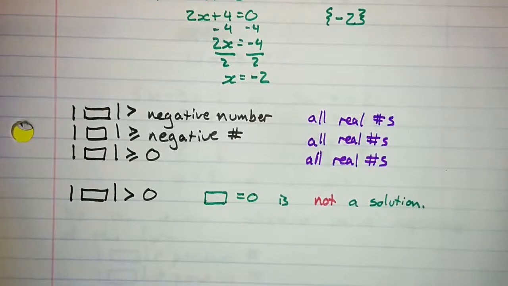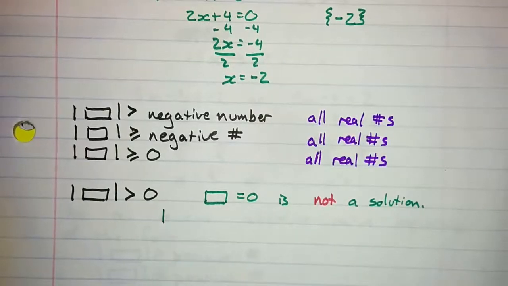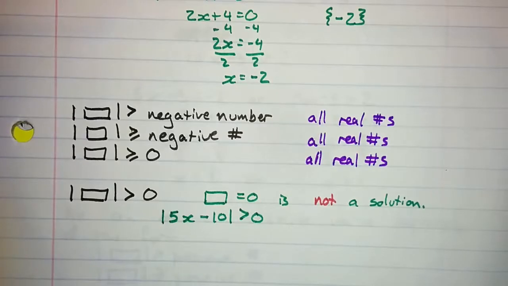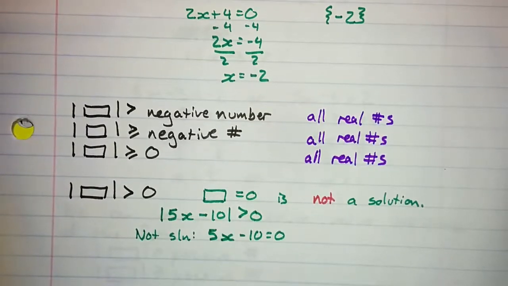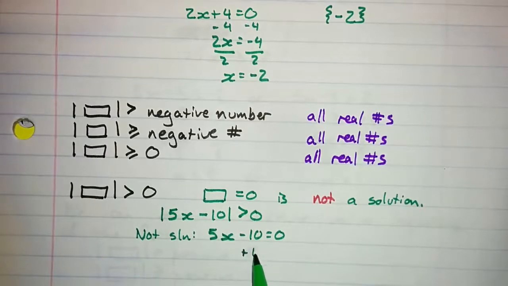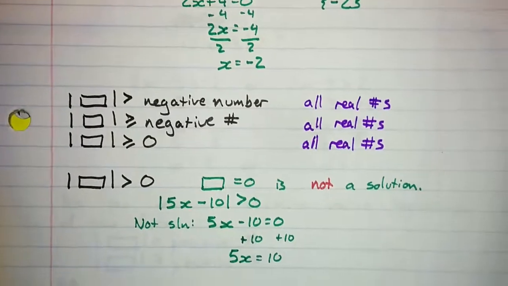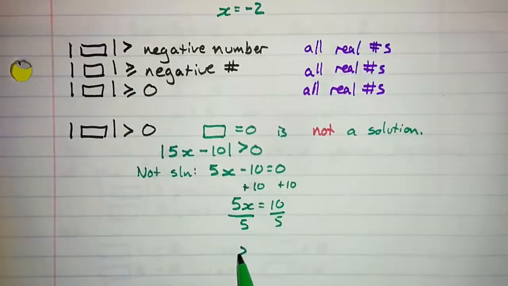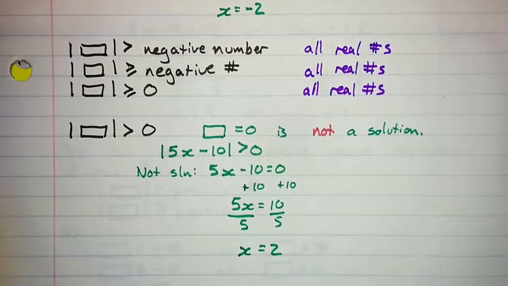So let's say we had the absolute value of 5x minus 10 is greater than 0. Well, we want to find what's not a solution. The point that's not a solution is where 5x minus 10 is 0. So where 5x is 10, and that happens when x is 2. Right, so x equals 2 is not a solution.